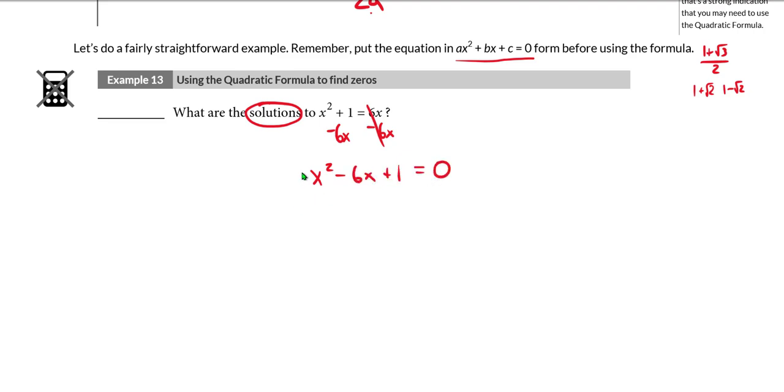I always like to write down my a, my b, and my c values before I start trying to plug anything into the quadratic formula, just so it's very nice and visual and simple. Now it's just sort of a substitution issue.